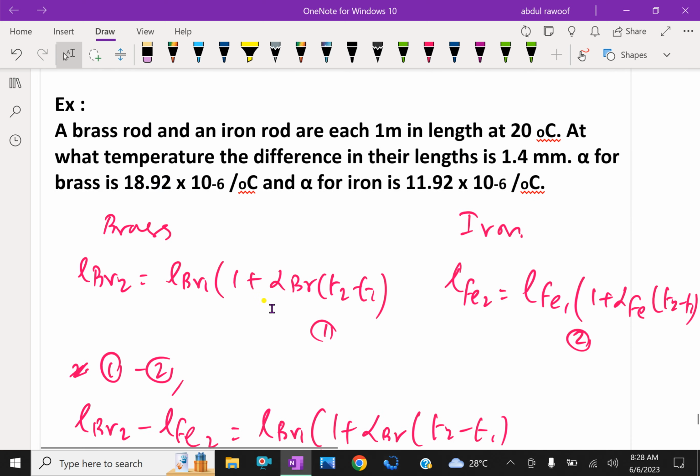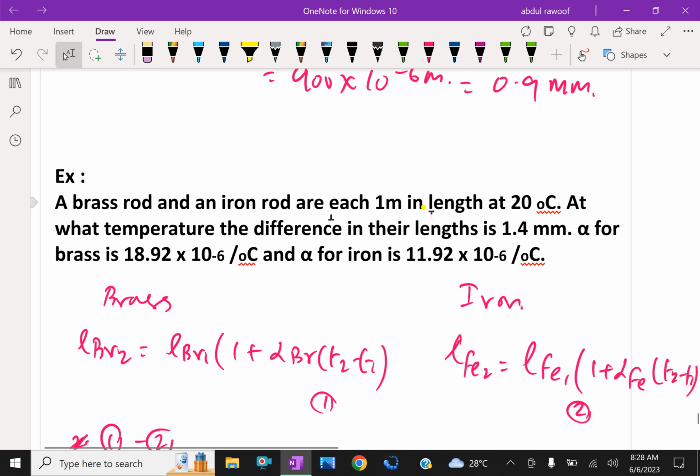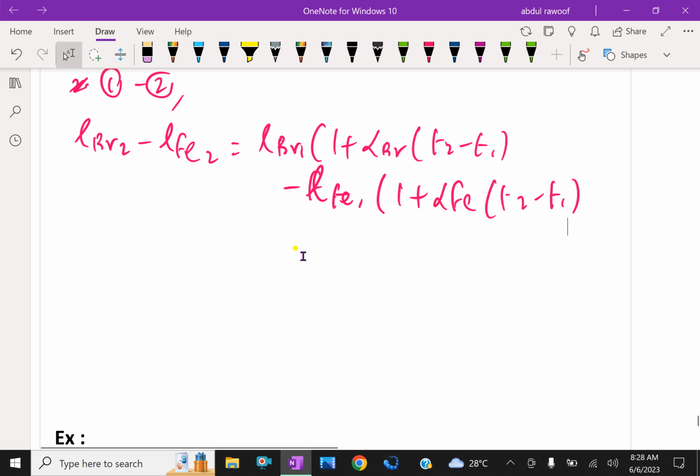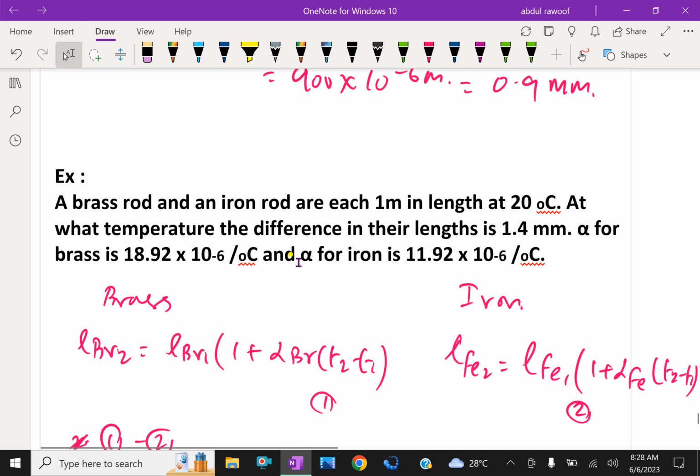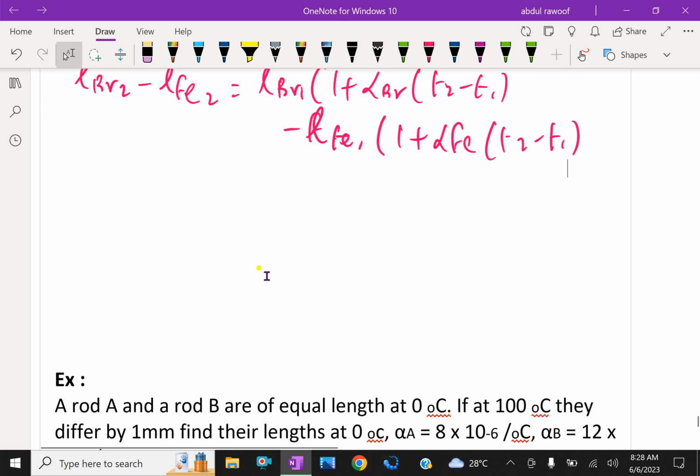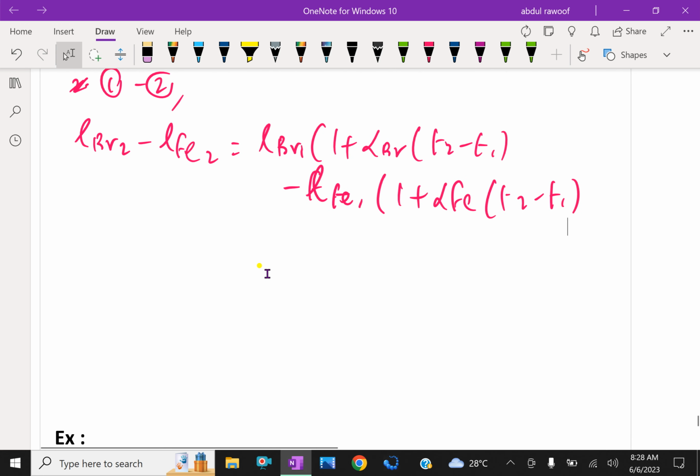Here initially the length is 1 meter. Therefore, the difference between this length is 1.4 mm. So we can use it. 1.4 mm in meters is 1.4 times 10 power minus 3.